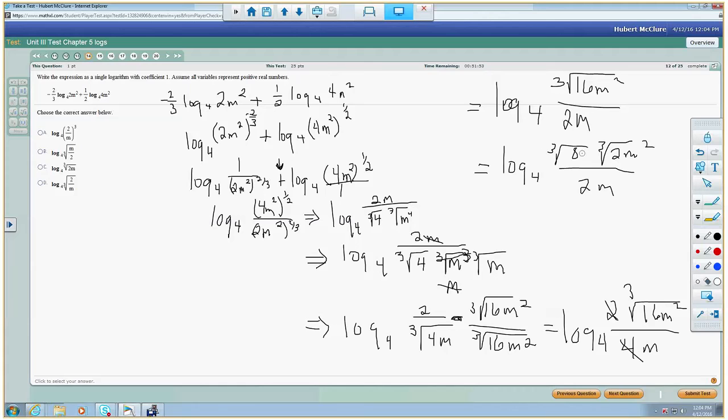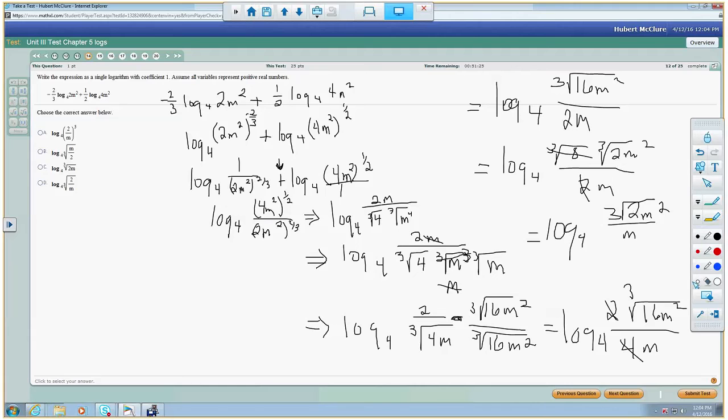And what is the cube root of 8? So that goes out with that. And my final answer looks like log base 4 of the cube root of 2m squared over m. That's the cube root.